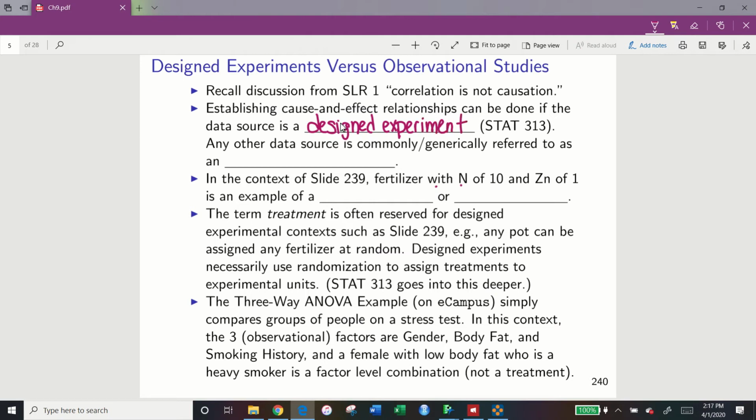This is something that they delve into pretty deeply in Stat 313, Design of Experiments, but we're only going to touch on the surface of it here. Any other data source is commonly or generically referred to as an observational study.